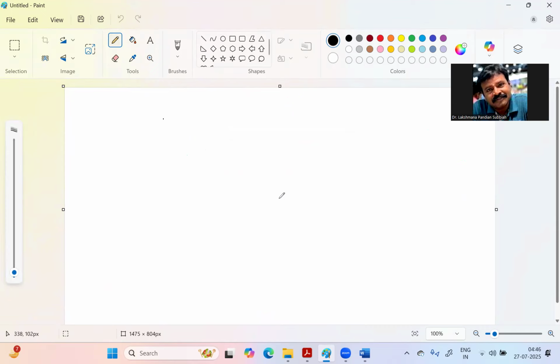Here, now we draw the flip-flop. You put it T1, T2, T3, T4.